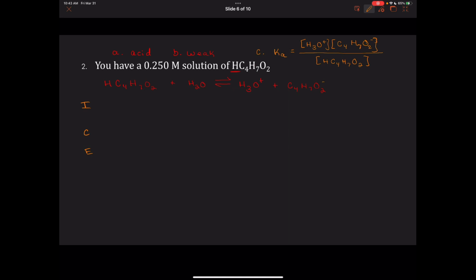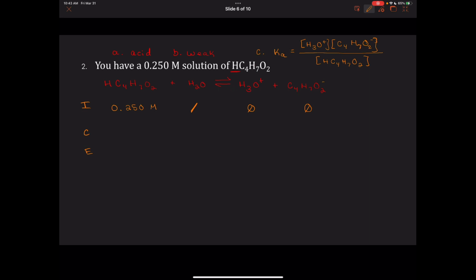And the only thing we know right now is the initial concentration of our acid. So our acid is 0.25 molar. Water, it doesn't really matter because that water is a pure liquid. It doesn't appear in our K expression. It doesn't matter how much we have. And remember, for any of our reactions, we're going to assume our products are 0 unless we're told otherwise.